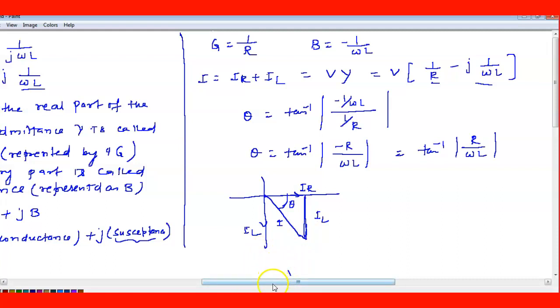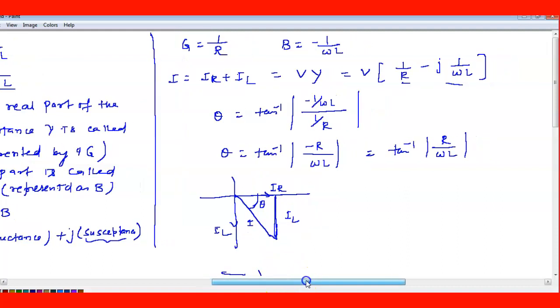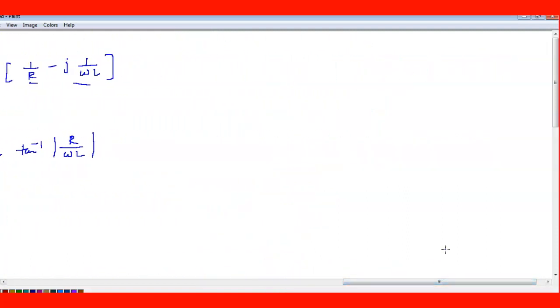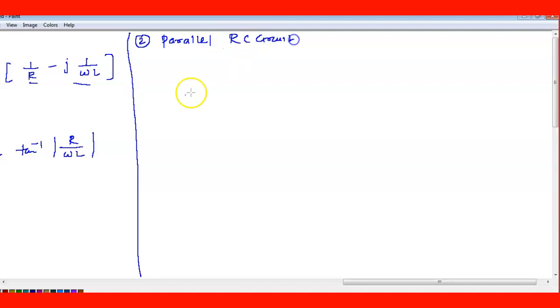Similarly, for the parallel RC circuit, I will write it here only. Parallel RC circuit. So here resistance will be there, and here a capacitor with some capacitance C. Okay, and this is the power supply V. So here current I, this side is going IR, and this side is going IC, right?